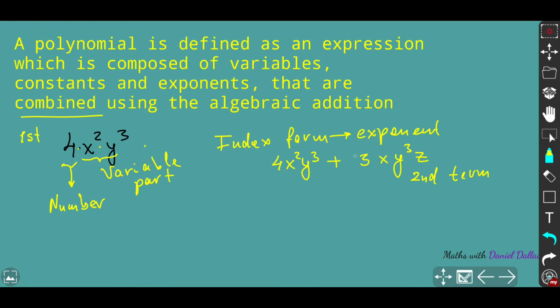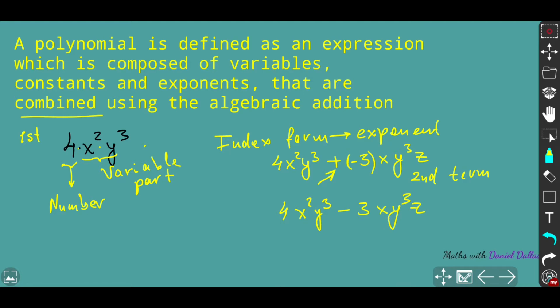If you had, for example, negative 3 as the number before the second term, no matter, you still can use addition. And that's going to be algebraic addition, because indeed, if you expand those brackets, you'll get 4x squared y cubed minus 3x y cubed z.